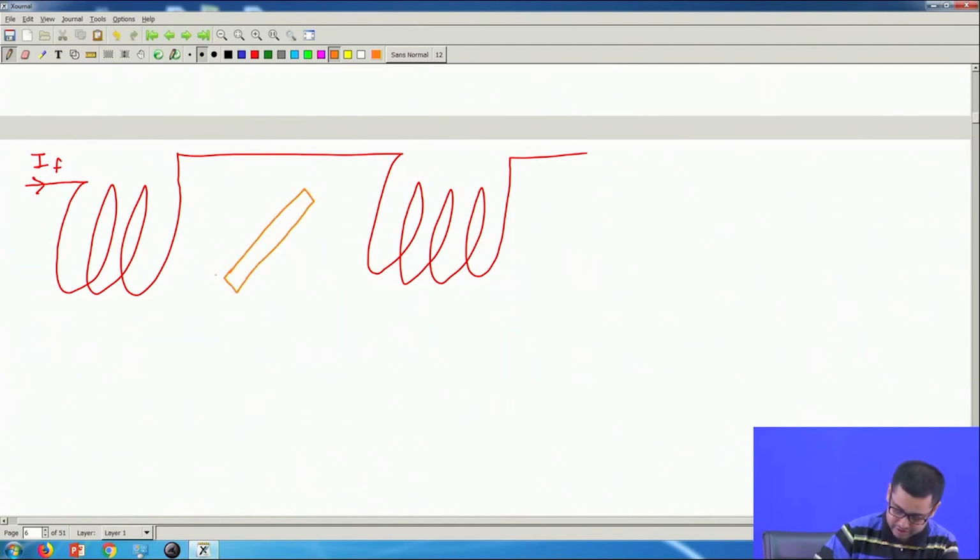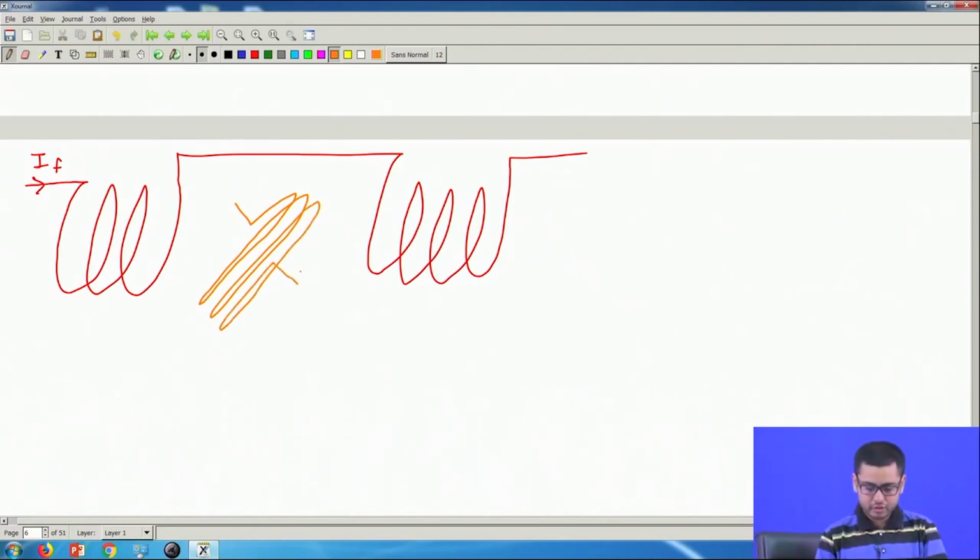The turns of the moving coil are like this. Now, this coil can rotate.